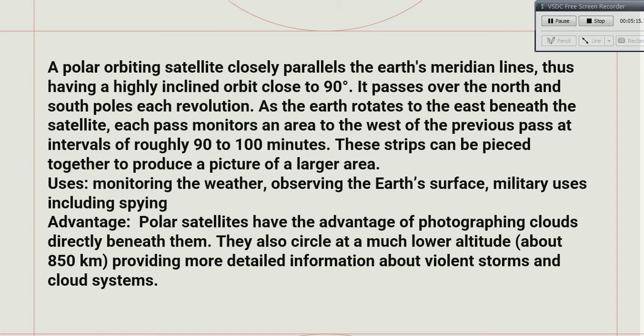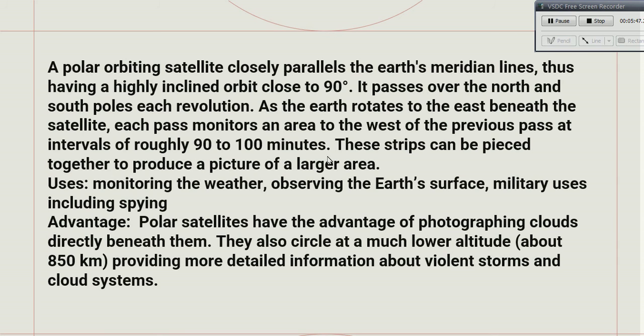Now if I go for the polar satellite, polar satellites run closely parallel to the Earth's meridian lines, that is the polar lines, thus having a highly inclined orbit close to 90 degrees. It passes over the north and south poles in each revolution. As Earth rotates east beneath the satellite, each pass monitors an area to the west of the previous pass, at an interval of roughly 90 to 100 minutes.